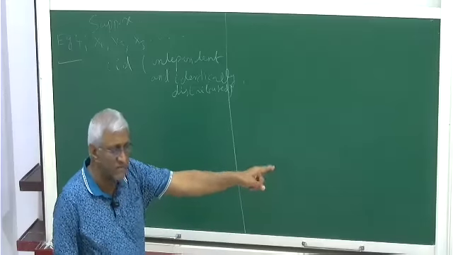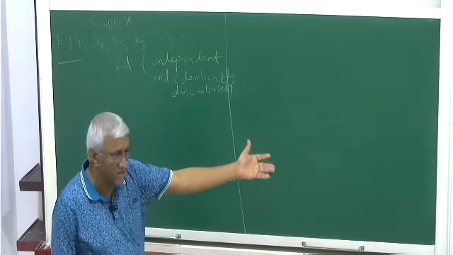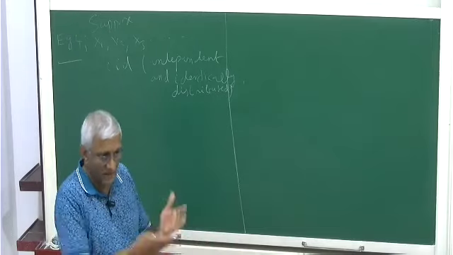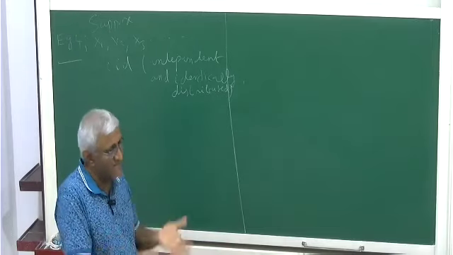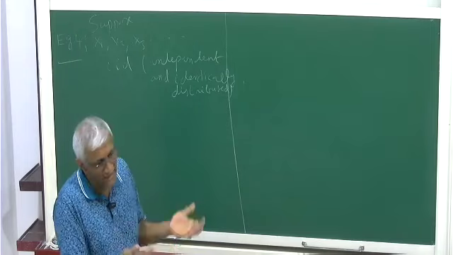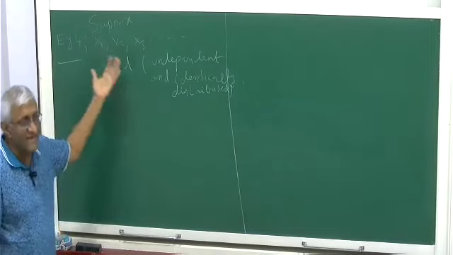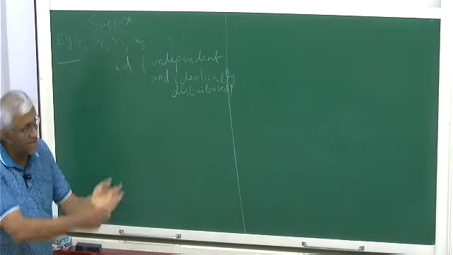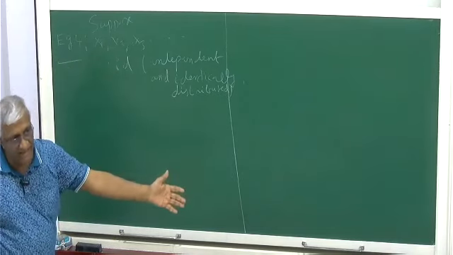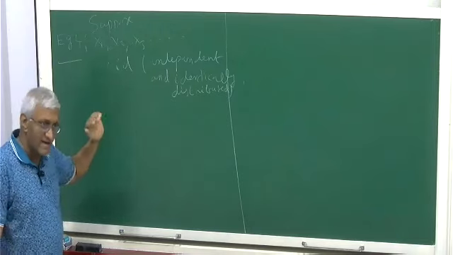X and Y can have the same distribution, both can be binomial. Two random variables, of course, if you want to compare them, should be defined on the same probability space, and they can have the same distribution. They have the same distribution and they are independent, which for finitely many is clear how to do, as I defined. For infinitely many also you can define it.